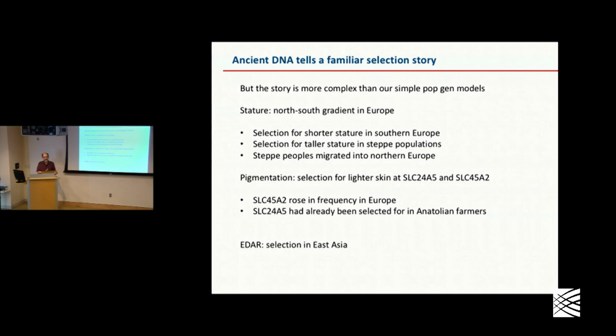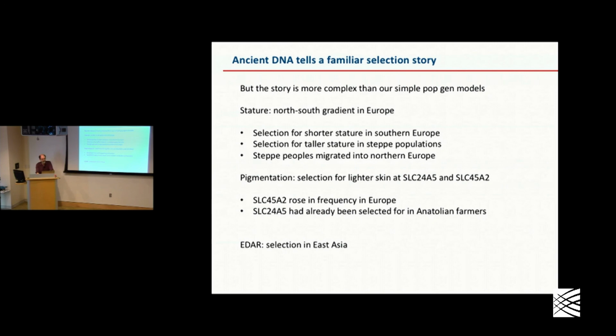But when you look at the ancient DNA, you discover there was evidence for selection for shorter stature in Southern Europe. There was evidence for selection for taller stature in steppe populations in Western Asia, who then invaded Northern Europe. And it wasn't that there was necessarily selection for taller stature in Europe, it was selection elsewhere and people moved in. Because it turns out people moved around a lot.